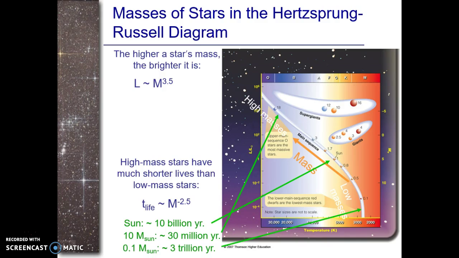The sun will live to be about 10 billion years old. Something that's 10 times the sun will live about 30 million years, and something about a tenth the size of the sun will live to be about 3 trillion years old.